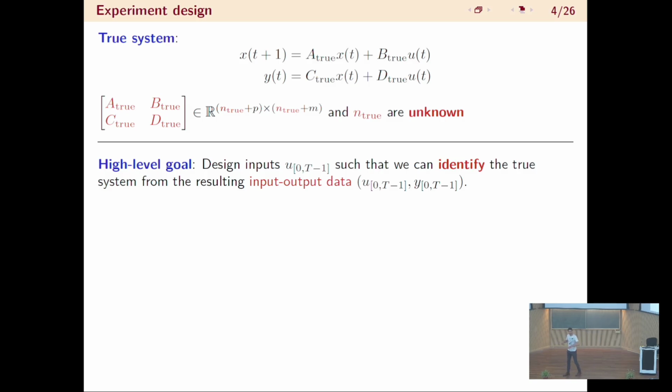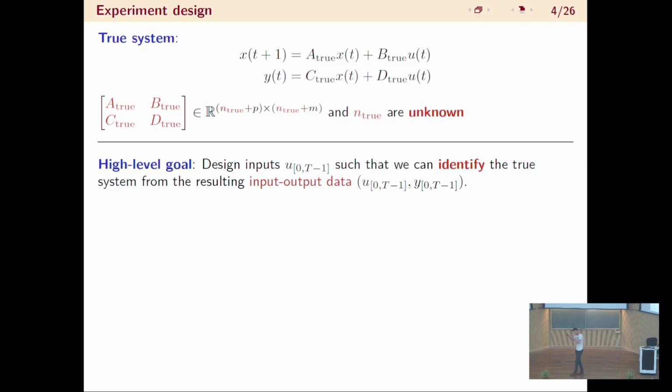But let's talk first about high-level goals. So what do I want to achieve? In this lecture, I want to design inputs, u_0 up to u_{t-1}, in such a way that the resulting input-output data allow me to uniquely identify the system. So I design these inputs of the experiment.